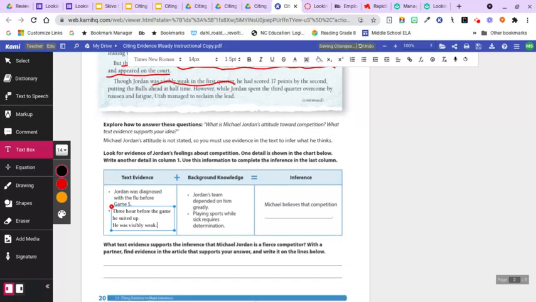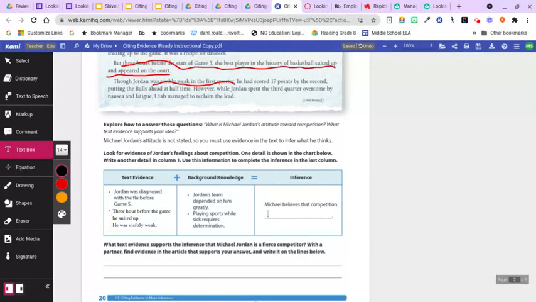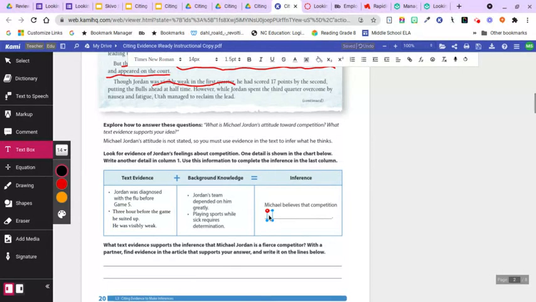So, what is your inference about Michael Jordan and what he believes about competition? What does he believe that competition is? Well, Michael Jordan probably believes, let me get my text box. What do you think?